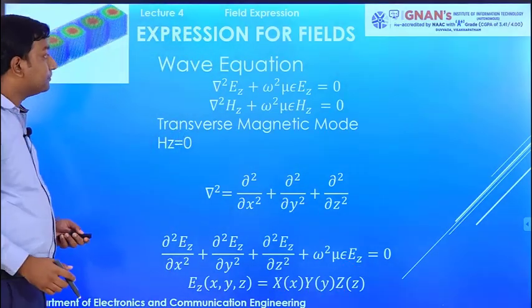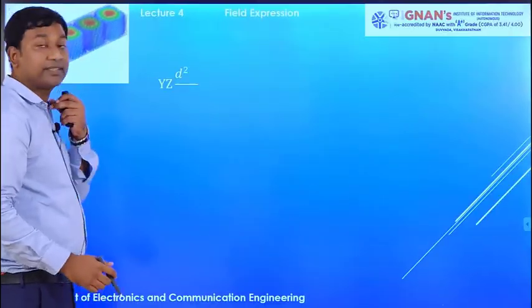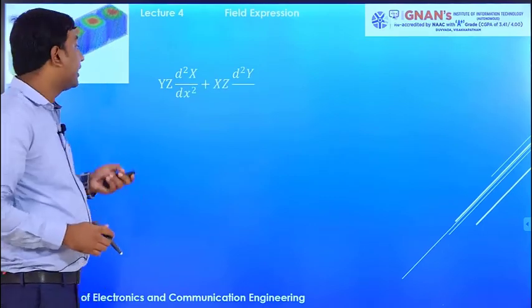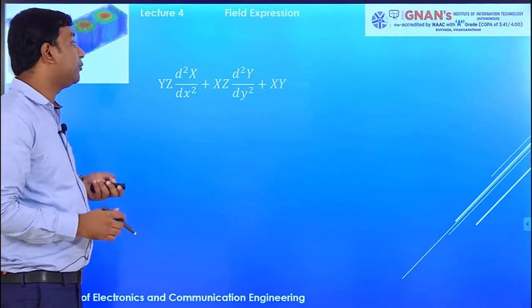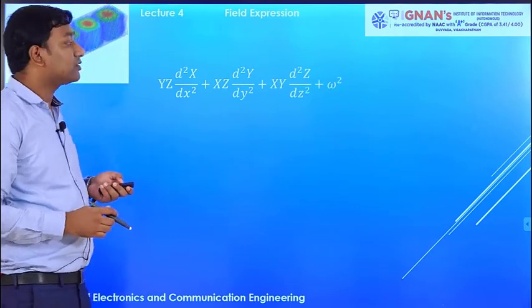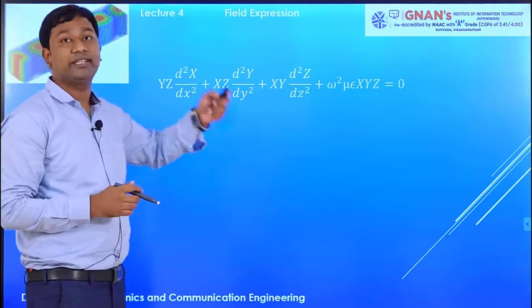Now if we place it, then YZ d square X by dx square, XZ d square Y by dy square, XY d square Z by dz square, plus omega square mu epsilon XYZ equal to 0.